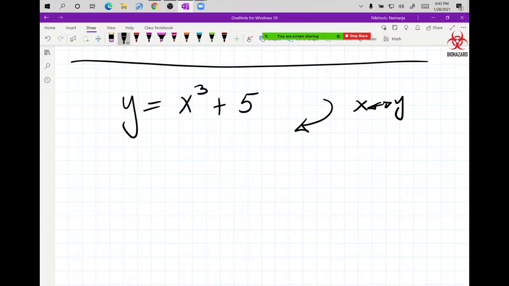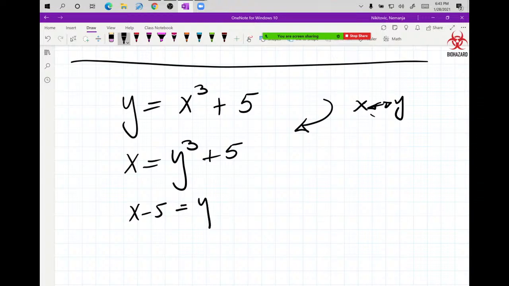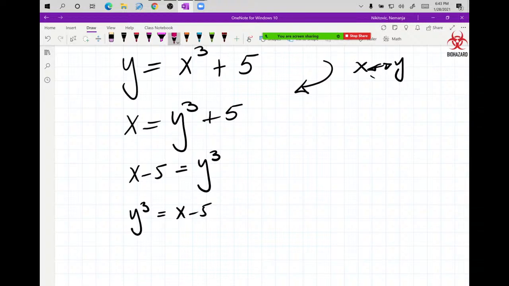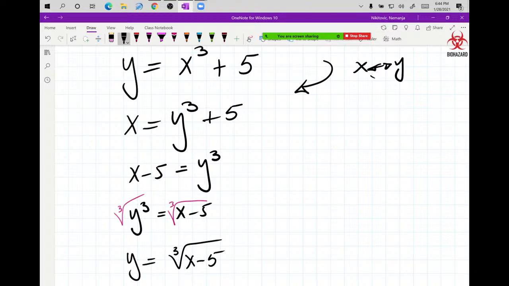You don't have to write this thing. And you just get x equals y cubed plus 5, which is x minus 5 equals y cubed, which is y cubed equals x minus 5. Take the cube root of both sides, and y equals the cube root of x minus 5.